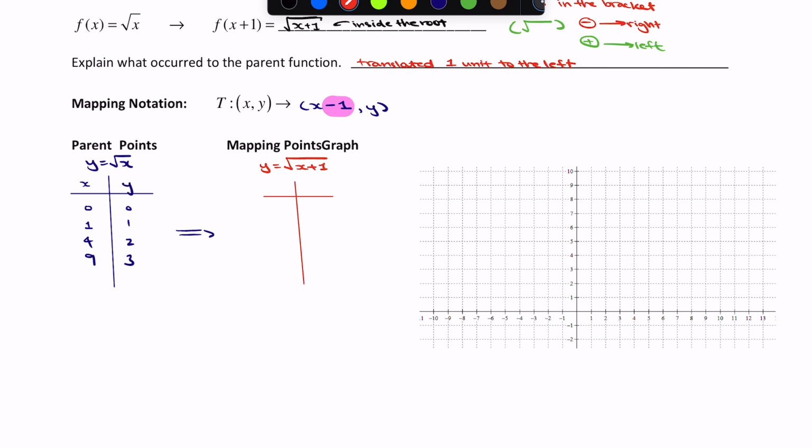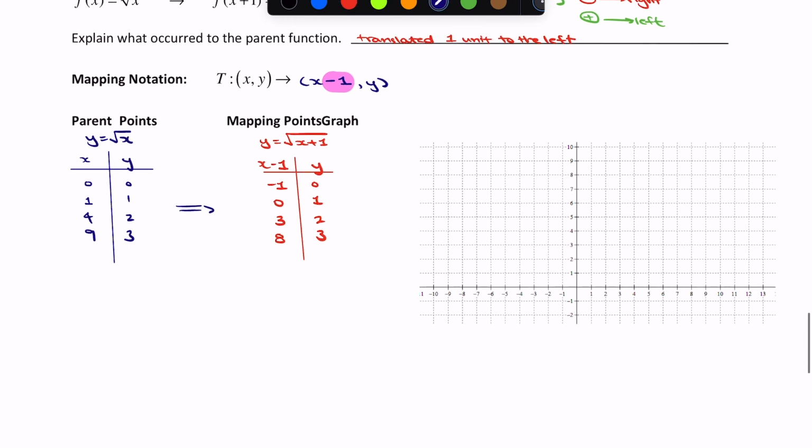So here, we know that our x values are being subtracted by 1, and our y values will stay the same. So we'll just indicate that in our table of values. Here we get -1, 0, 3, and 8, and our y values are 0, 1, 2, and 3. So those stay the same.